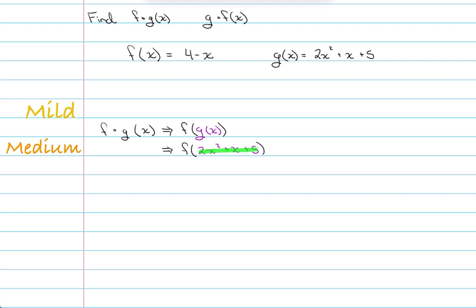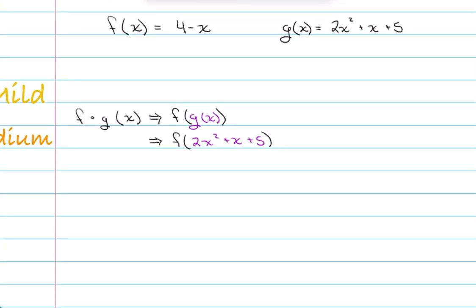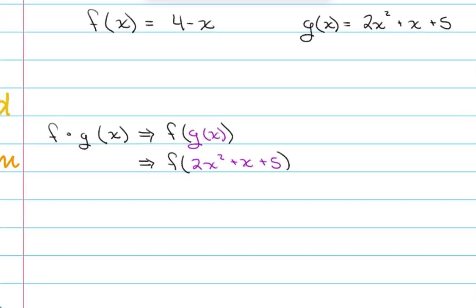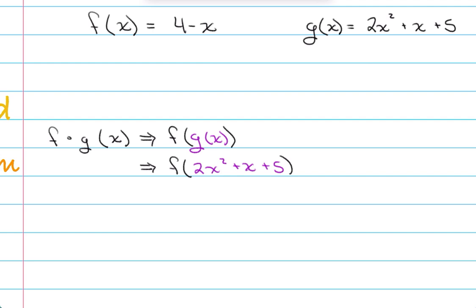So cleaning that up just a little bit, I am going to do 4 minus, and instead of an x, I'm going to open a parenthesis and rewrite 2x squared plus x plus 5.